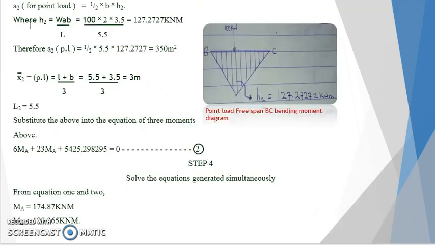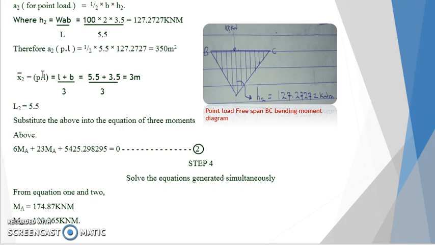Now we go for the point load. You get half base times height, which is the area of the triangle, and the height for a point load, the maximum span moment for a point load, is WAB over L, as I stated earlier in the special cases of moment distribution. Put the values here, you get this as H. Therefore, A sub 2 for the point load is equal to half times 5.5 times 127.27, giving 350 meters squared.